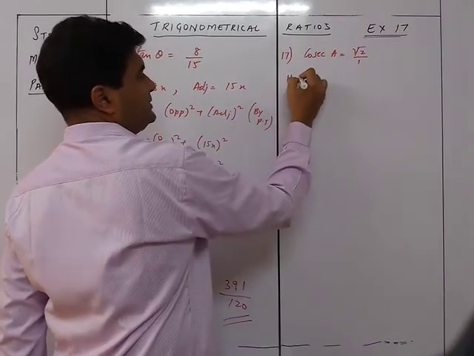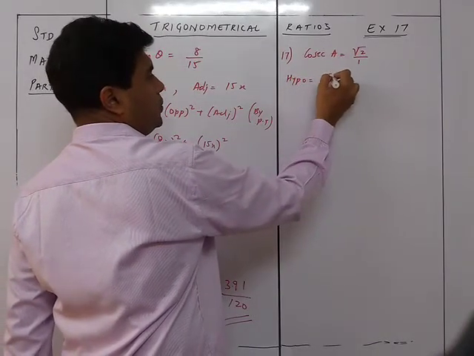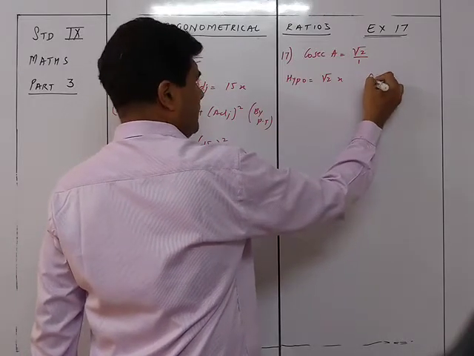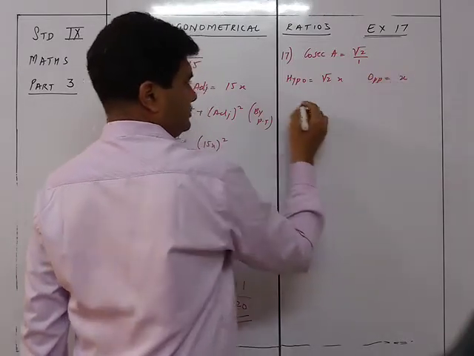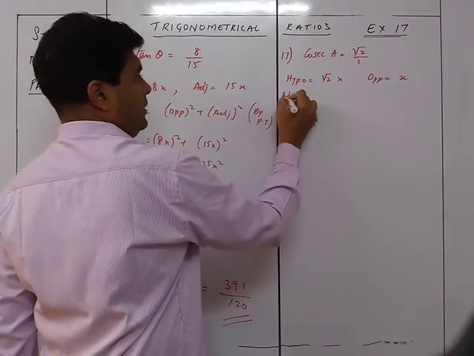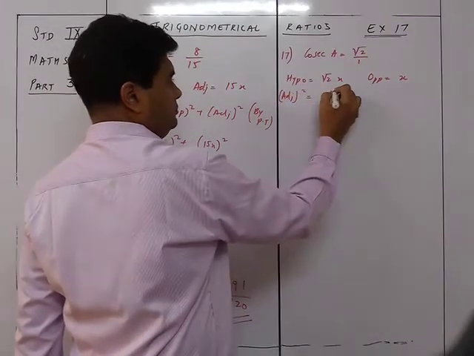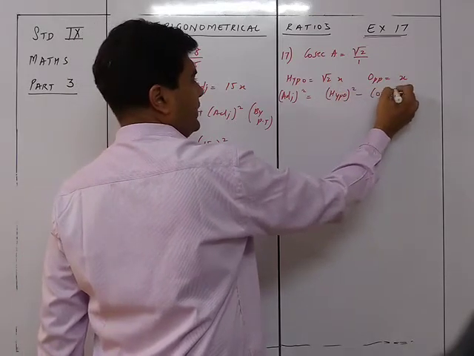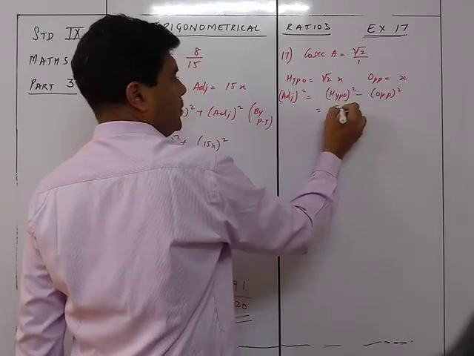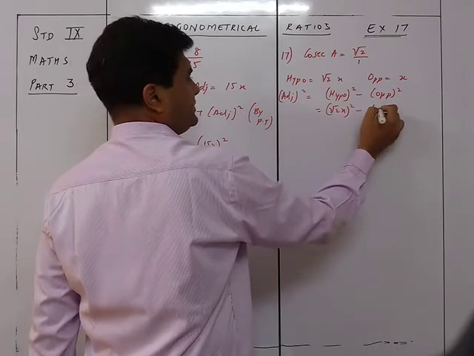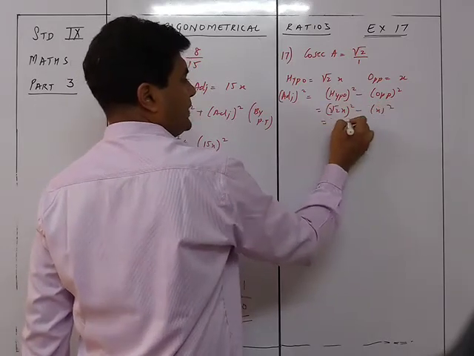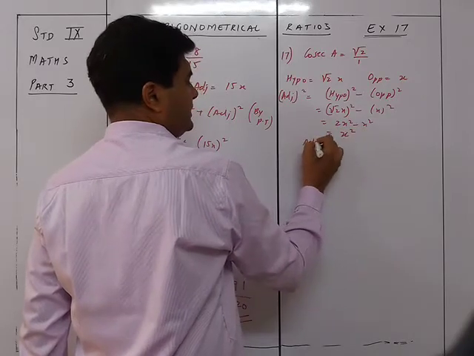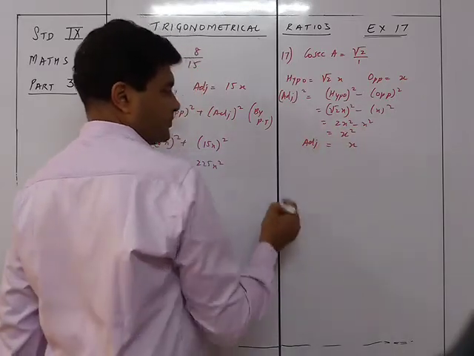Therefore hypotenuse is equal to root 2x and opposite is equal to x. Therefore adjacent square is equal to hypotenuse square minus opposite square, which is root 2x the whole square minus x the whole square, equal to 2x square minus x square, which is x square. Therefore adjacent is also equal to x.